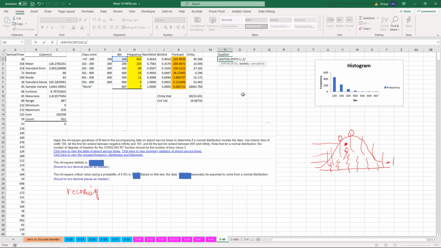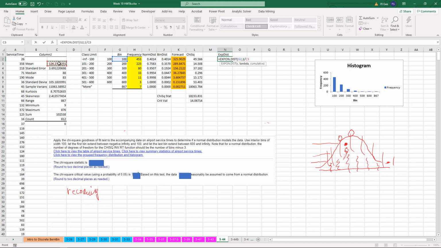1 over the mean. Remember, lambda is the average arrival rate. It's frequency, and frequency is 1 over the time. So we're going to use 1 over the mean. Come back over here for the mean.